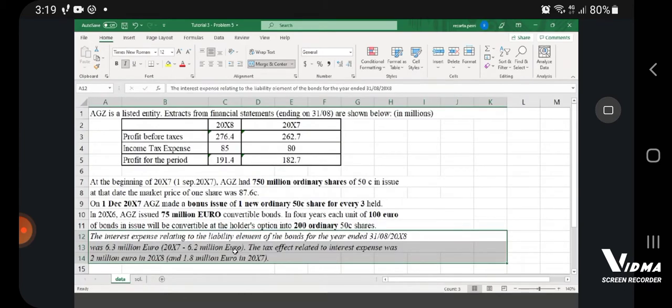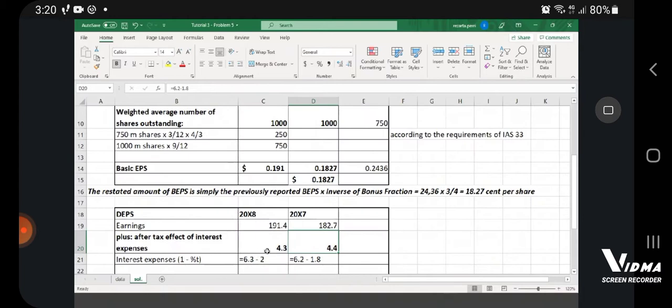It is in a certain way easier than usual because the tax rate is not given and I don't need to calculate with the formula; it is simply represented there that the interest expense is 6.3, whereas the tax savings is 2. So the after-tax effect of interest expenses is the difference, 4.3.